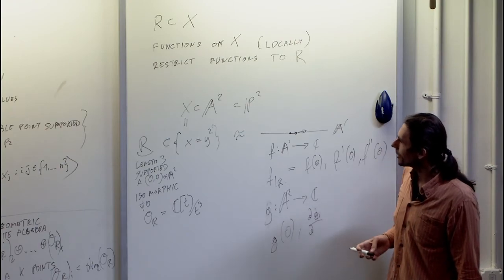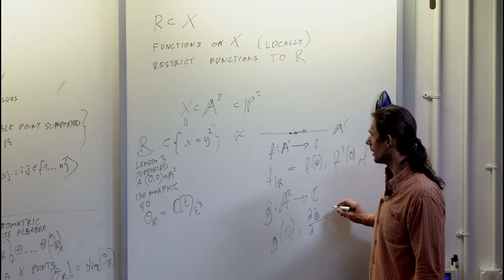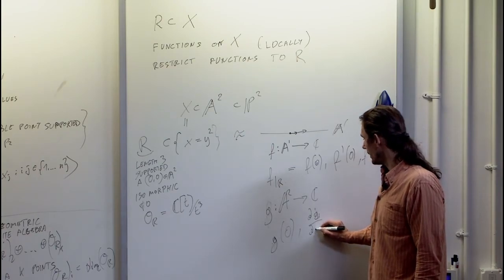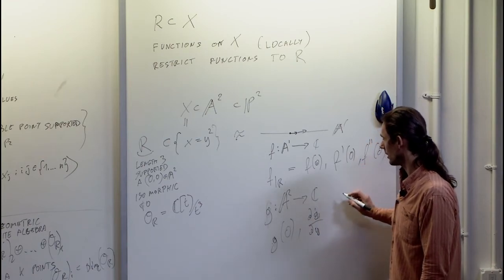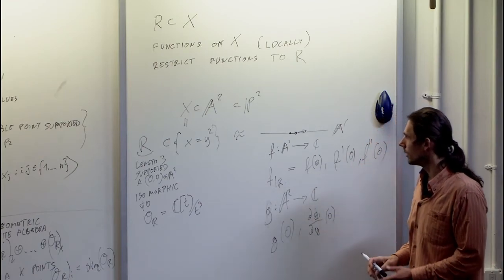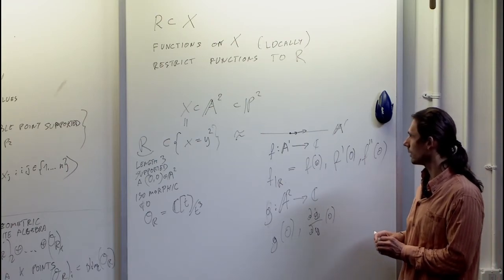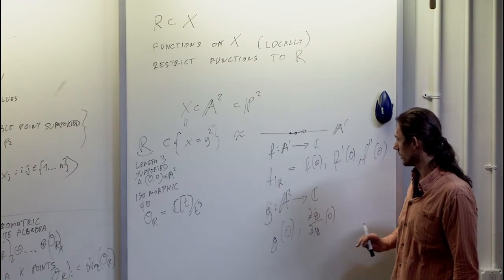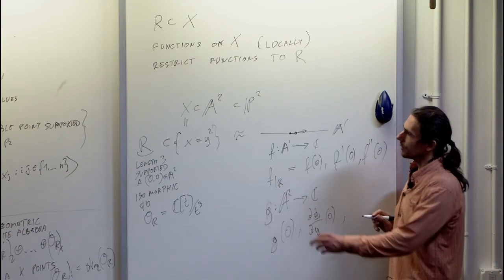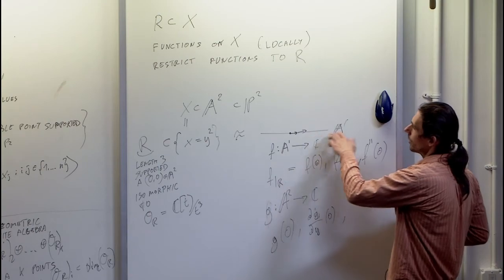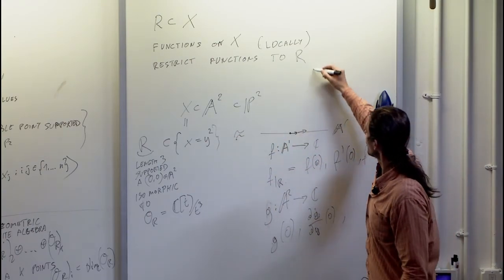Now I should be careful which one. So this is by the y, I guess. Just double check this. And now, well, you see this is not a straight line anymore. This is a parabola.